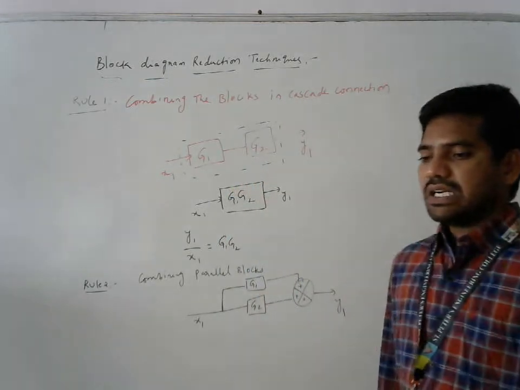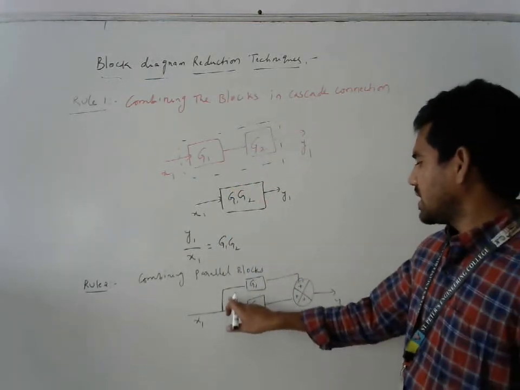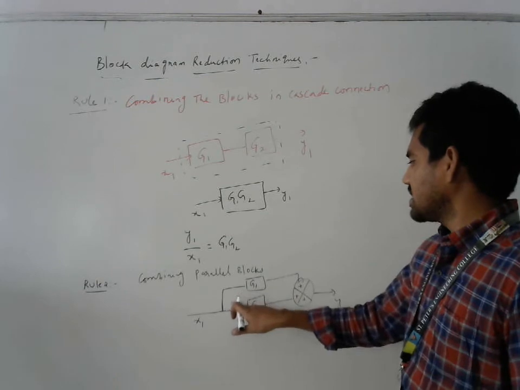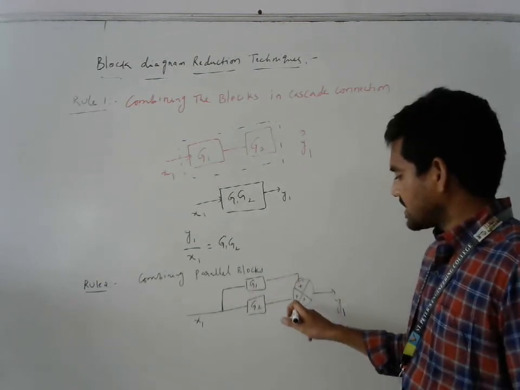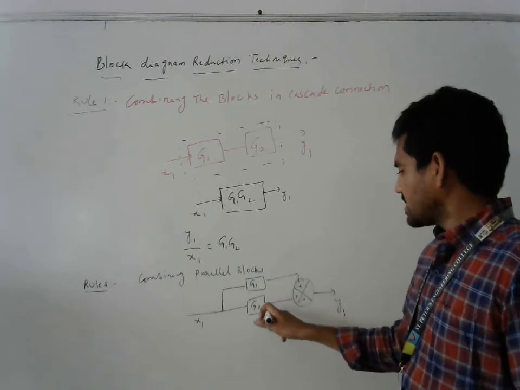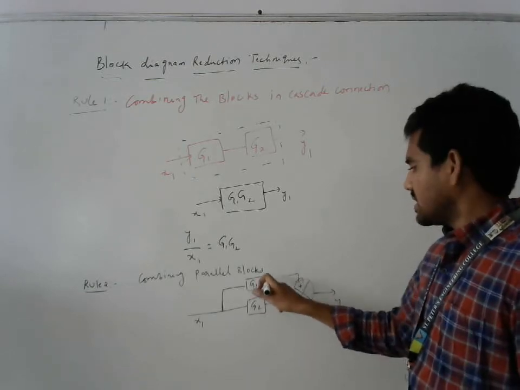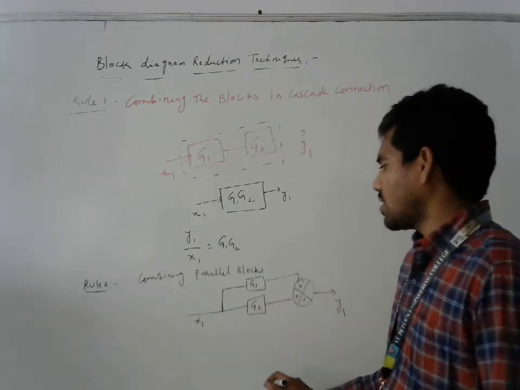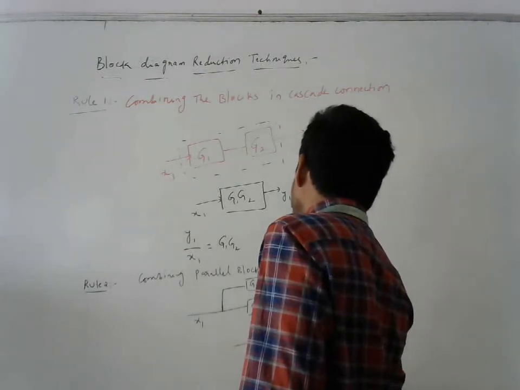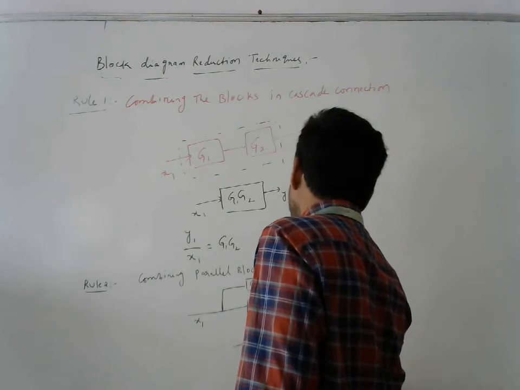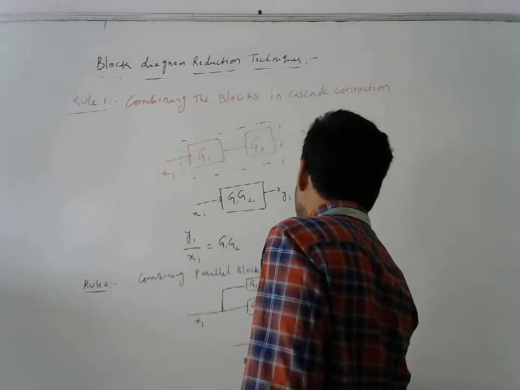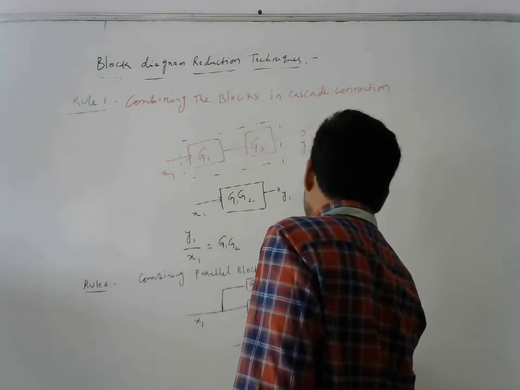The signal comes like this and gets added at what we call a summing point. This is a plus and this is also a plus. So the equivalent is G1 plus G2: X1 goes in, these two are added as G1 plus G2, and the output is Y1.